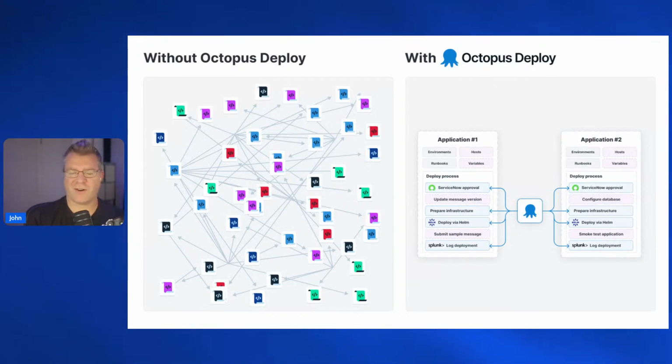So the why, or some of the motivation behind this: obviously, without Octopus Deploy, things get really gnarly, really complicated. You have a lot of DIY shadow CD, or continuous delivery, that happens. You have a lot of custom scripts that you often write, a lot of YAML, what we like to call YAML sprawl, and so things get really, really hard to manage. With Octopus Deploy, we would like to think that things are a lot more manageable.